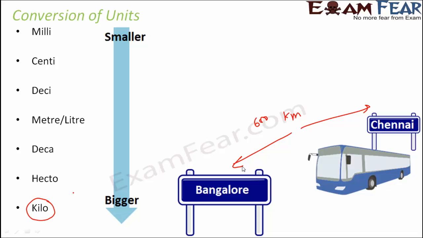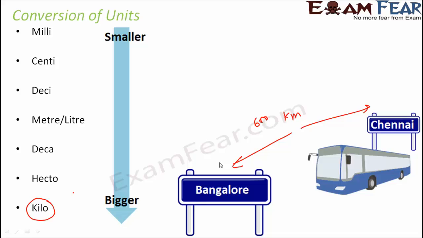Now you might ask, why do we really need to have so many units? Yes, we need them, because not every time we are measuring such big distances. Sometimes we also might need to measure a very small distance, maybe the thickness of a page. Now the thickness of a paper is really thin, it is very small, that distance is going to be very small.